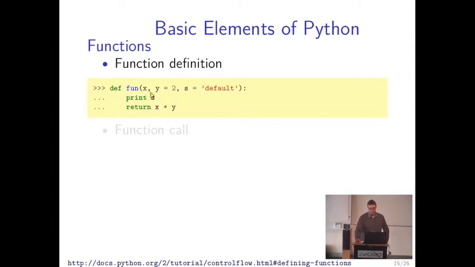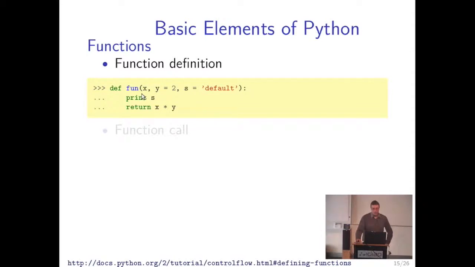There are some default values possible, but as you might see, there is no type connected to these variables. So when you come from C++ or from Java, usually you have to define which type you expect. This is not true in Python. In Python, you just get anything. And you have to be careful how you call this function. And it needs a proper documentation, which again enforces you to properly document your code.